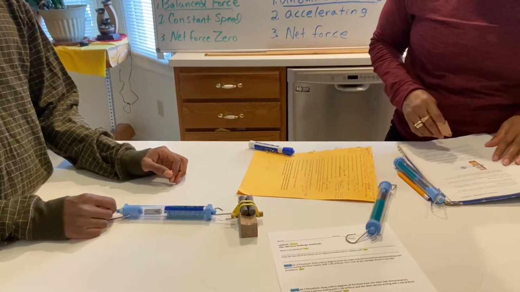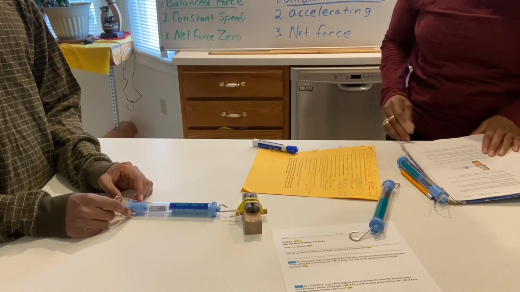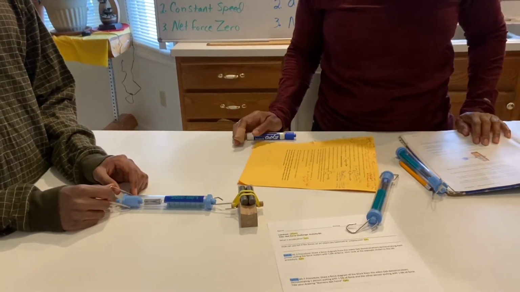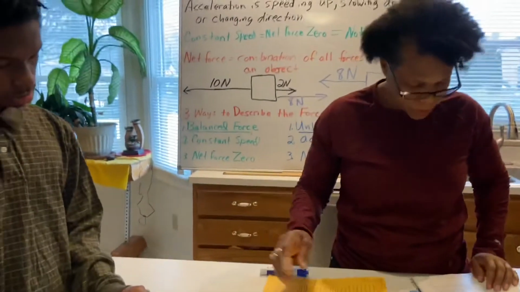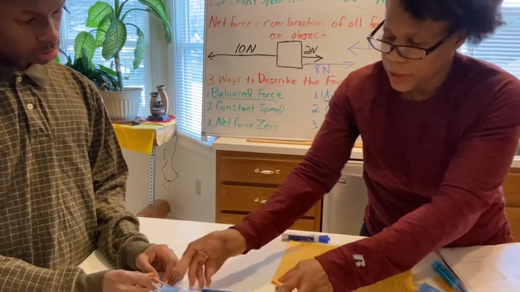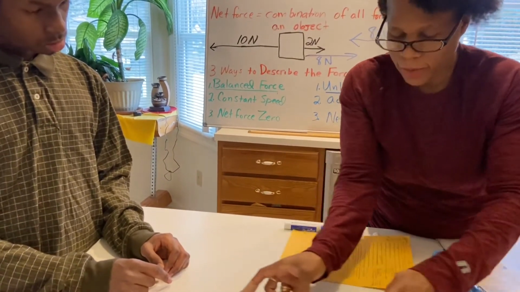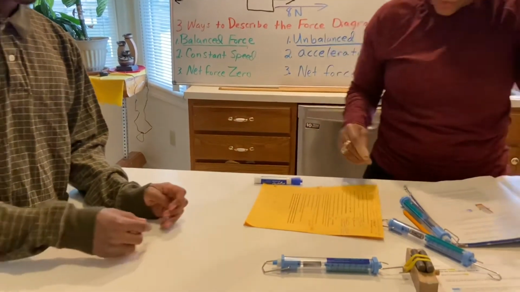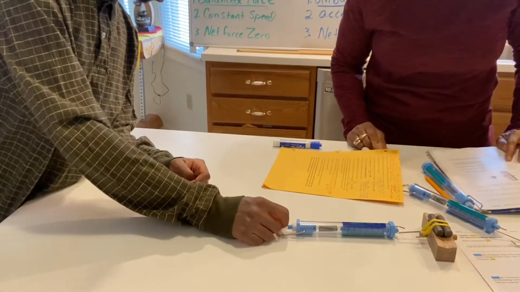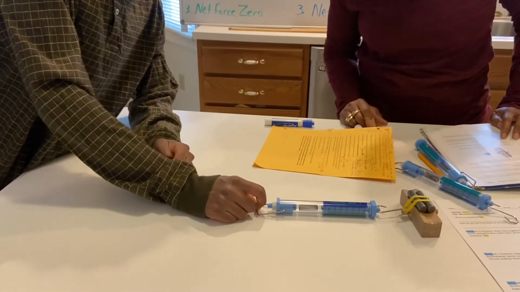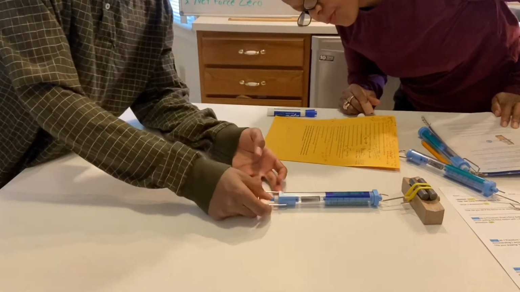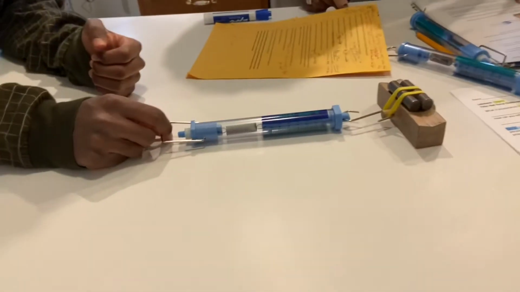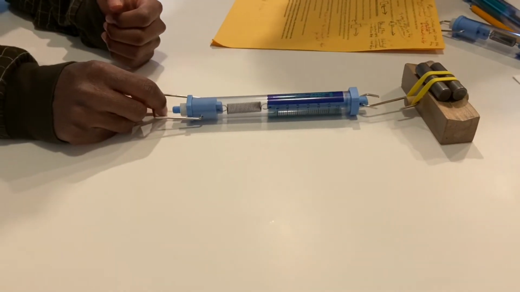Okay, so then it says, practice pulling gently on a force meter so that the block slides steadily and slowly as possible. Okay, James, let's put it right here. Can you let go for a second? Come a little closer. I want you to pull this steadily, James. Go ahead. And let's see what it says. Try to be steady. Keep going.